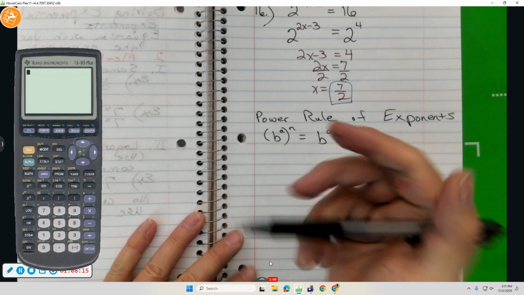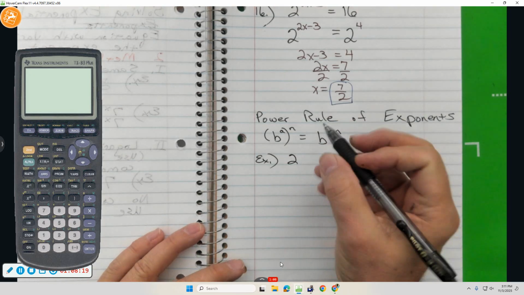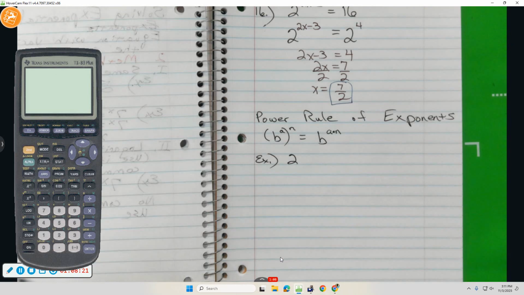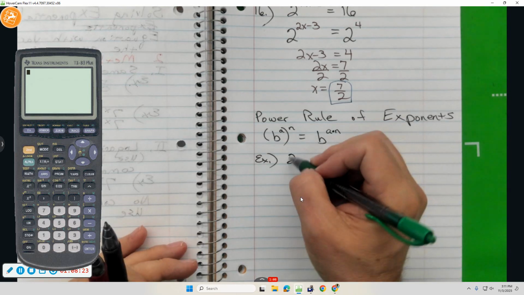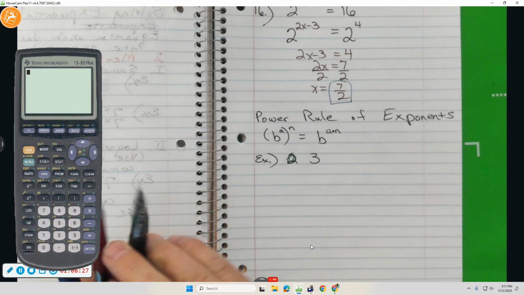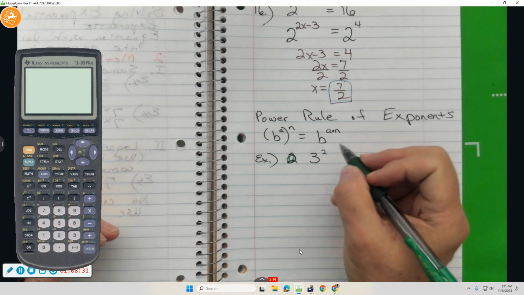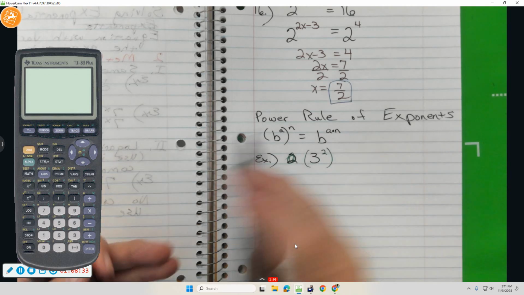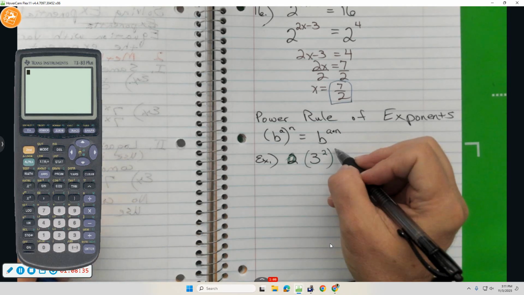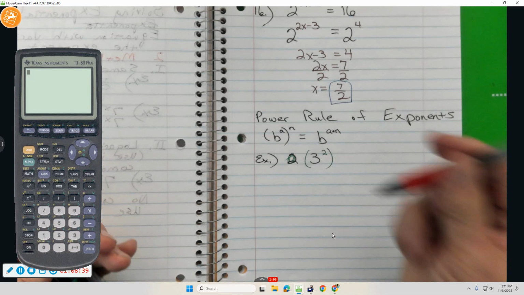For example, I'm going to do a 3 squared to the, I guess I'll use a 4 power.